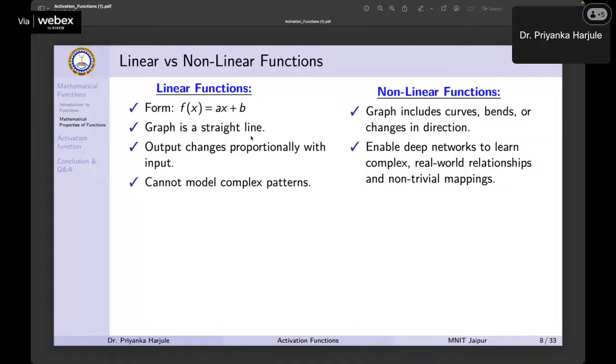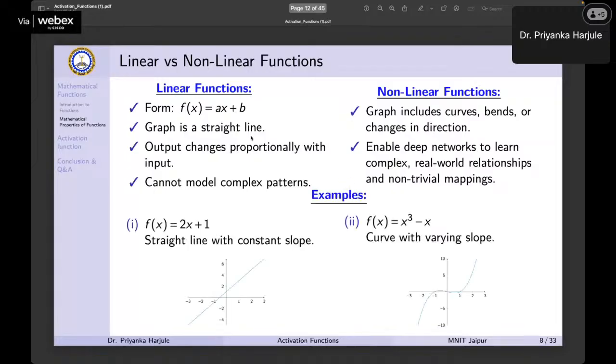Non-linear functions are capable of capturing complex and real world relationships. These are essential in deep learning and AI because they allow the neural network to learn non-trivial patterns. So these are some of the examples of linear and non-linear. So non-linear functions are powerful and flexible for real world modeling.